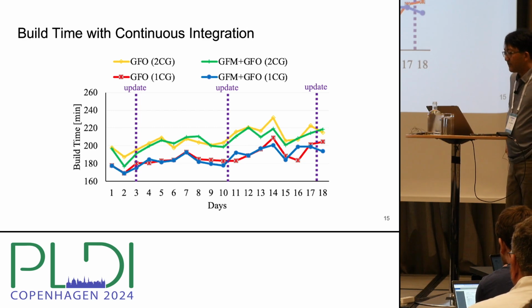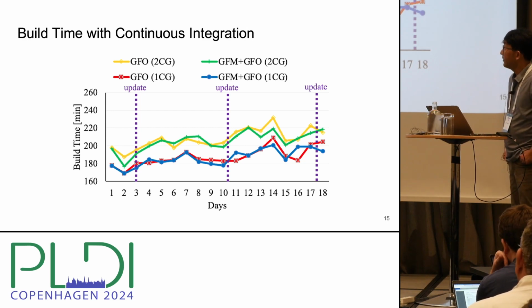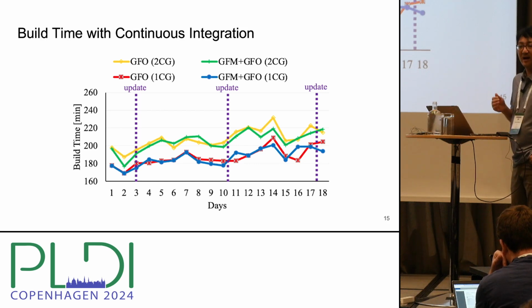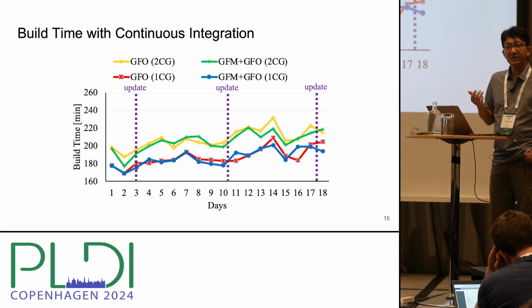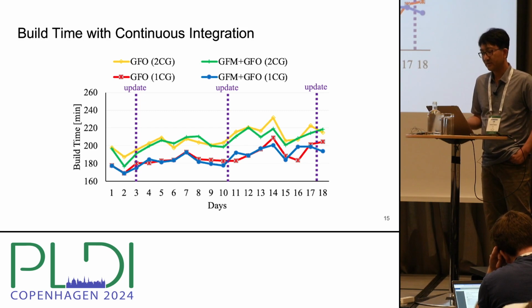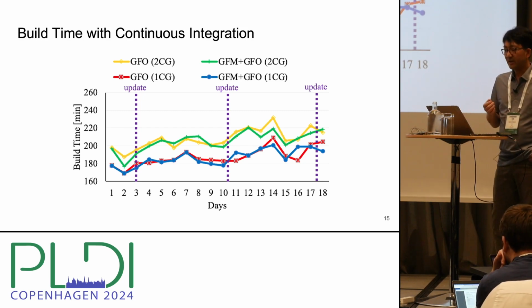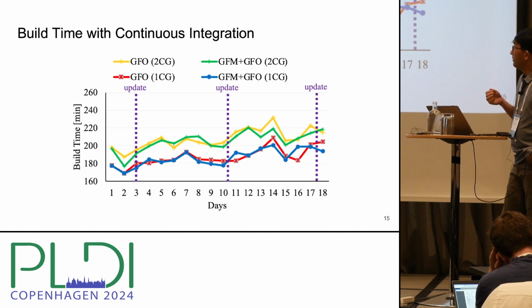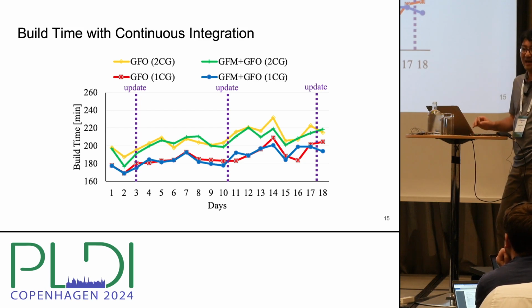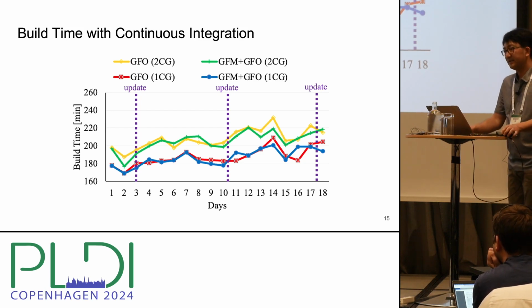This graph shows a comparison of end-to-end build time that includes compilation and linking and everything else. The single Gaussian pipeline is about 9% faster than the double Gaussian approach. In fact, if we compare link time only, the difference is even larger.